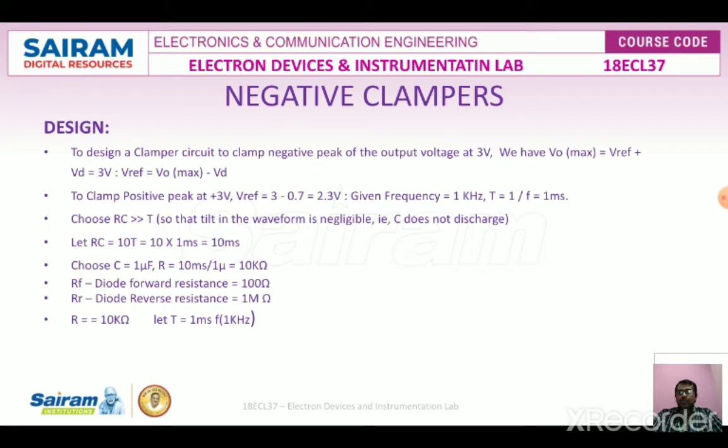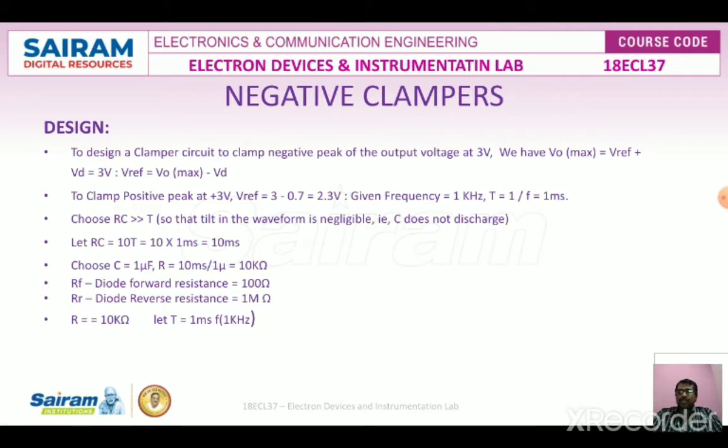We have to choose the RC time constant greater than T, so that the tilt in the waveform is negligible and C does not discharge. Let RC be 10 times T, where T is 1 millisecond, so RC is 10 milliseconds.